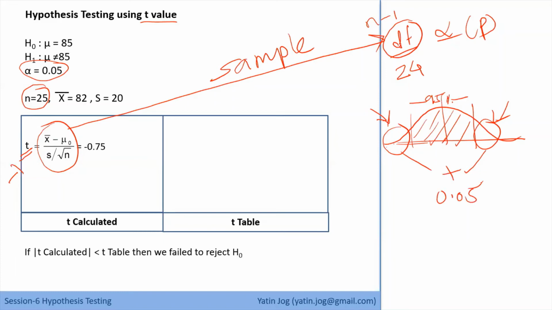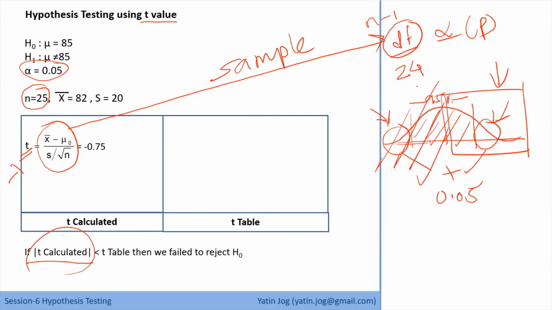So the addition of both of these regions is 0.05. Now, because I'm taking mod, be it Z calculation or T calculation, we always consider only one part of the distribution, and we try to nullify the effect of the minus sign. So we have to take half of 0.05, which is 0.025.